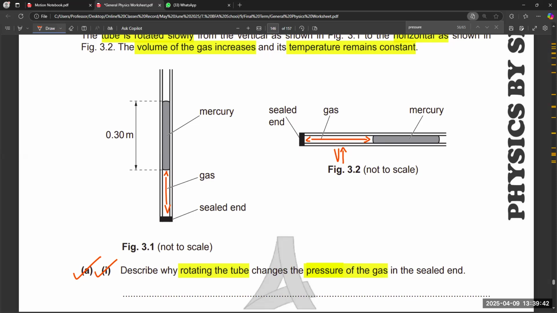Okay, so basically, in vertical direction, we have atmospheric pressure also.